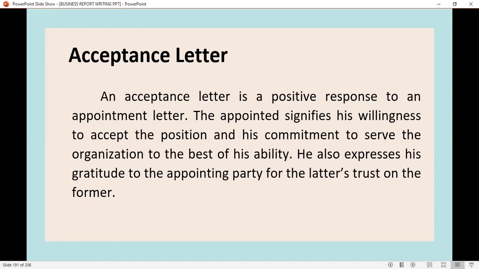Acceptance letter, for example, you are appointed to become the manager of your company, of a business, then you were sent an appointment letter, and you have to respond to that appointment letter by sending an acceptance letter, accepting, kapag tinanggap mo lang ha, kapag tinanggap mo yung position, accepting the position you are entrusted.